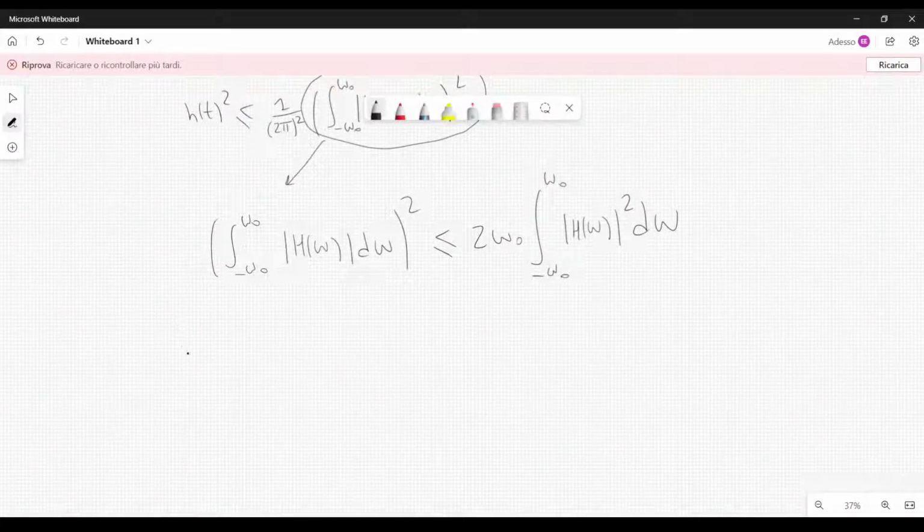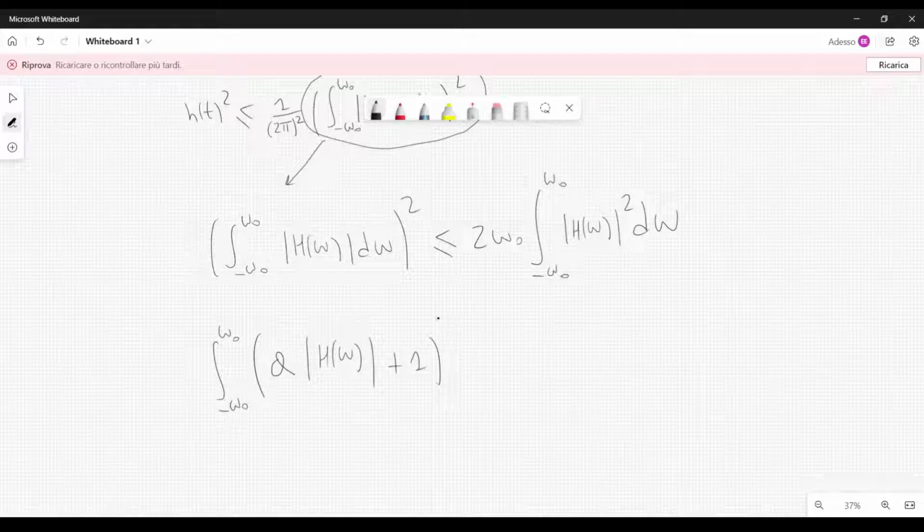And in order to prove that, I can use the following inequality. We know that the integral from minus omega naught to omega naught of a constant a, which I will assume to be a real constant, so a belongs to R, can be negative or positive, but it is real, then I have mod of h of omega plus 1 squared d omega.